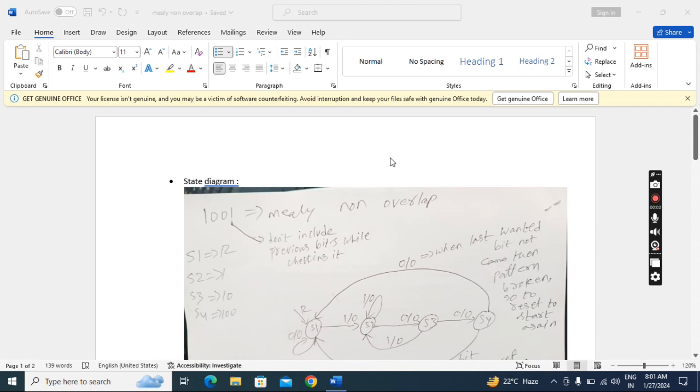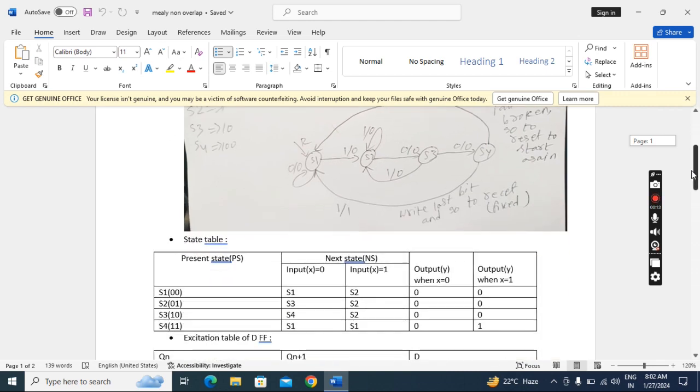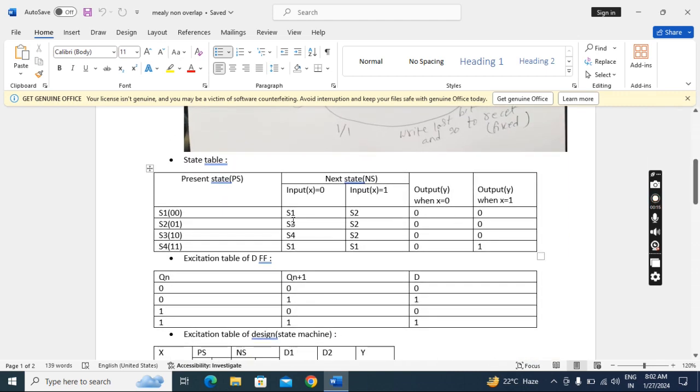Now we'll see the excitation table for Mealy non-overlap. It is almost the same as previous, but a little different. I will show you. So here, what are the states we got in the state table? 1, 2, 3, 2, 4, 2. Now we'll check in Mealy overlap. 1, 2, 3, 2, 4, 2.